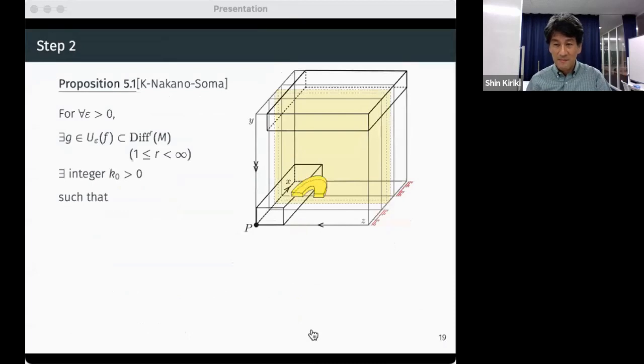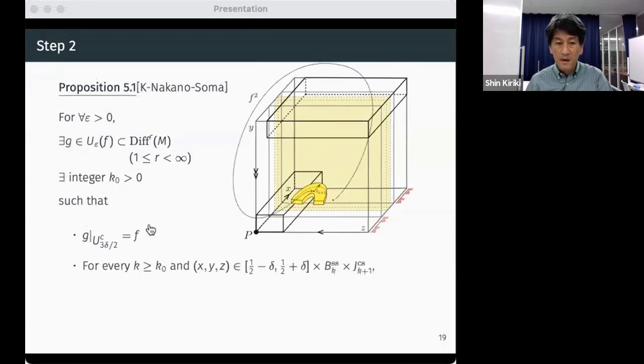In the next step, using the previous proposition, in any small neighborhood of F, we obtain a shear diffeomorphism G satisfying the following conditions. In the complement of the yellow subcube around x equal to 1/2, this G is equal to F always. It doesn't change.